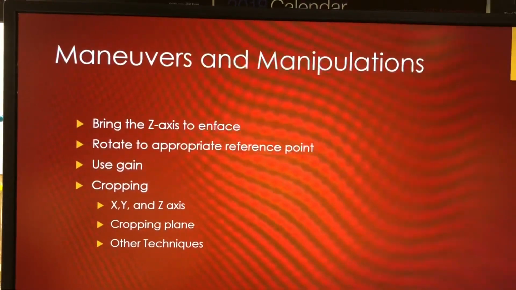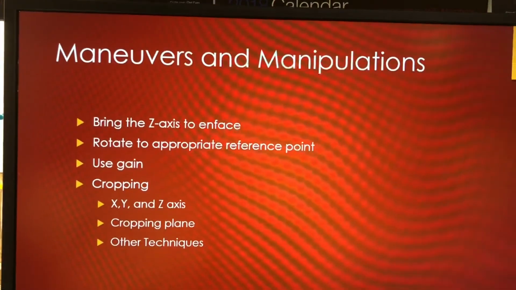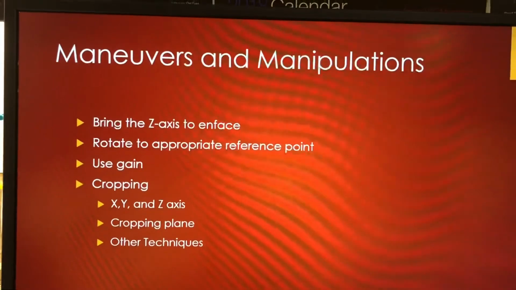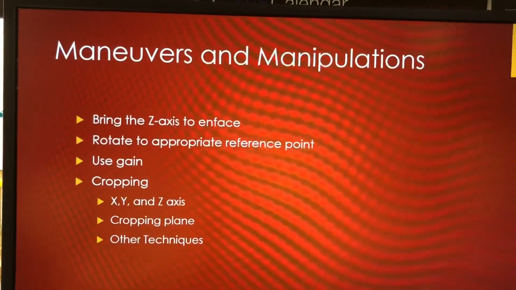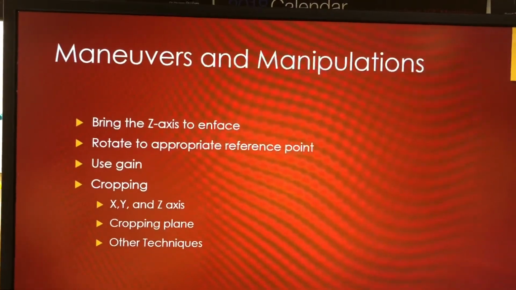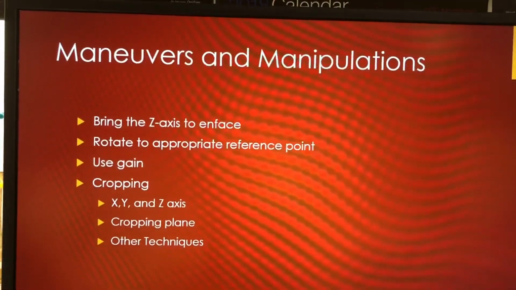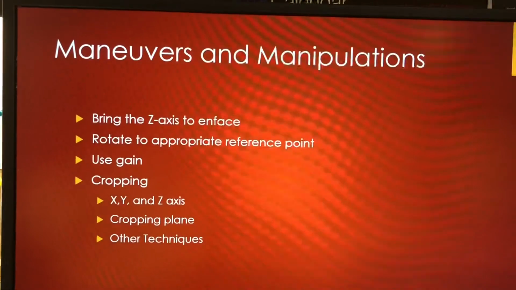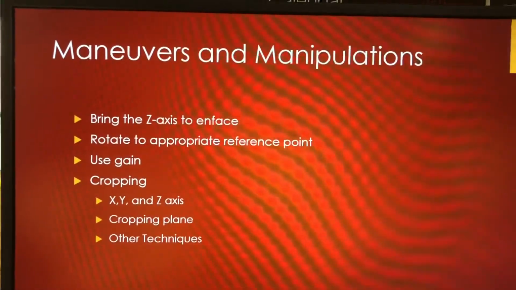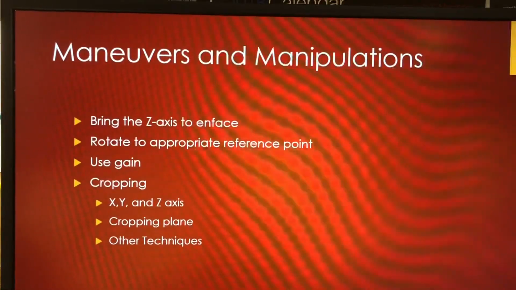And it's just good to have a standard, much like how the IAC has different standards for echoes. We do this just to ensure high quality imaging. And we also use our cropping. So there's several ways to crop. They have the X, Y, and Z axis.